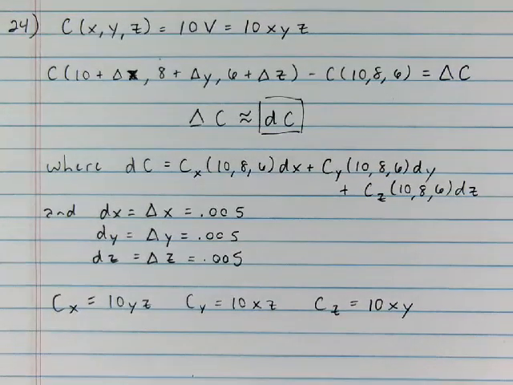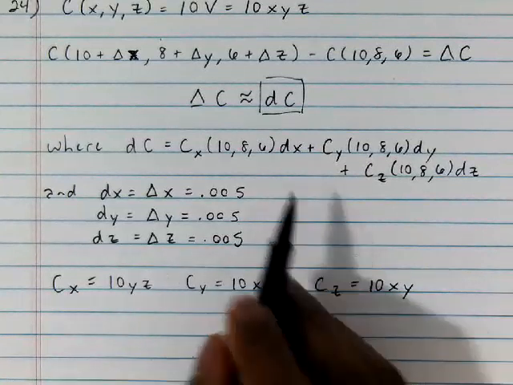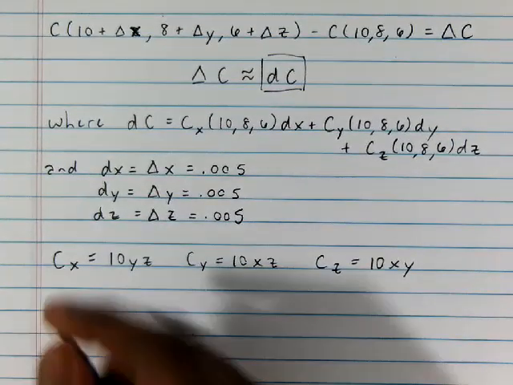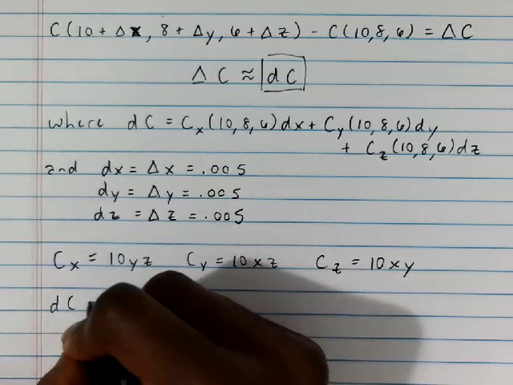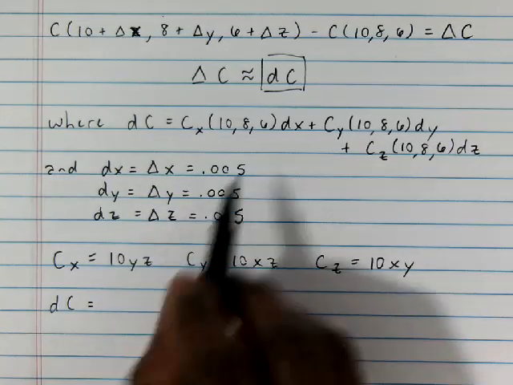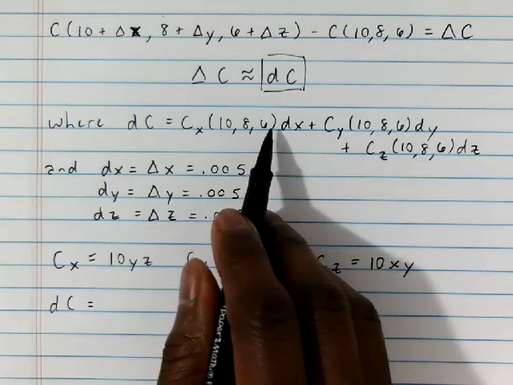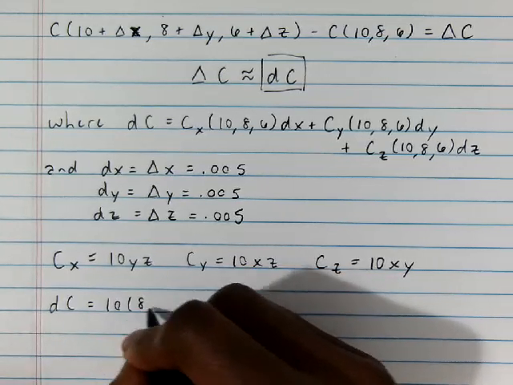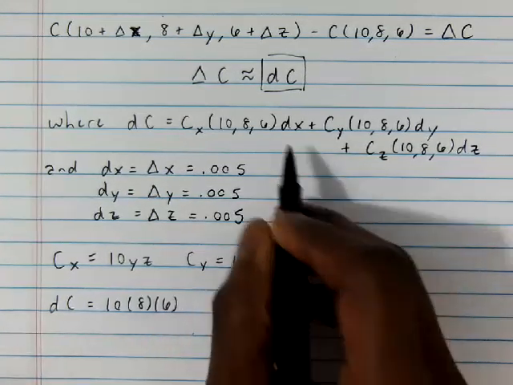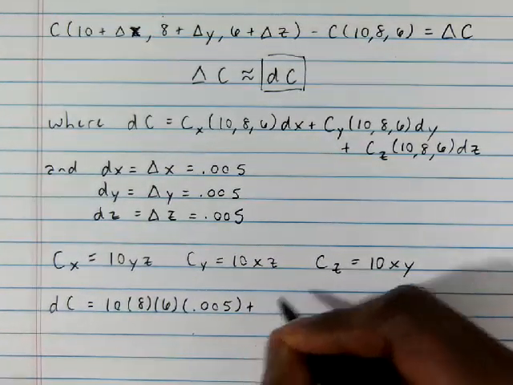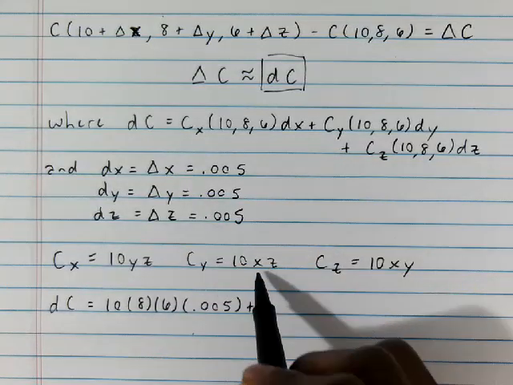All right, so now we can substitute everything into this formula and we get dC equals, so we're taking our y is 8 and our z is 6. So we're going to have 10 times 8 times 6 times our dx is 0.005, plus our x and our z.